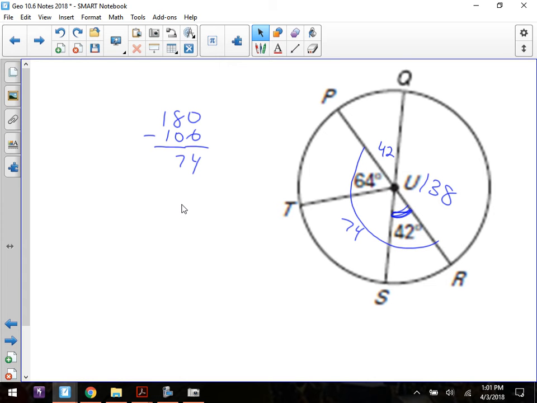Then TQR, that's your 180, add the 64, so that's what, 242? Right? Wait, 180 and 64, 244, 240, yeah. Easy. I was about to write that, yes.